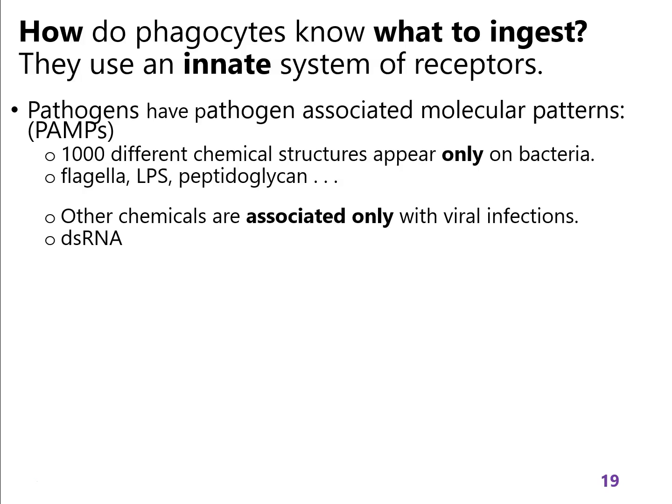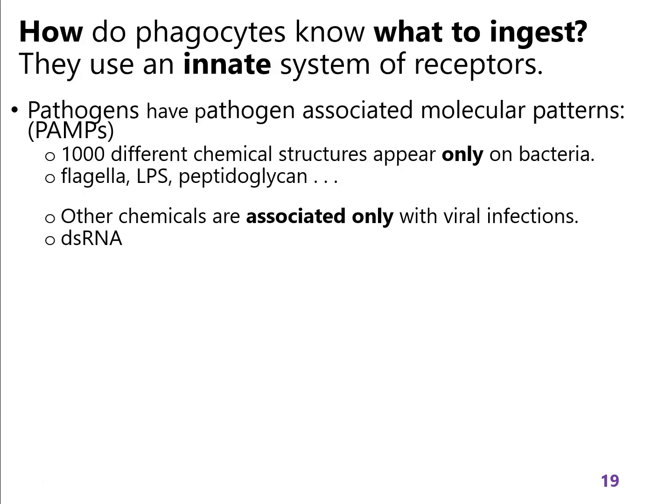So what phagocytes can do is they can look for pathogen-associated molecular patterns. What is a molecular pattern? A molecular pattern is a structure in a protein or nucleic acid or something that is always seen in certain conditions. So a lot of these different structures only appear in bacteria, like peptidoglycan or lipopolysaccharide or bacterial flagella.